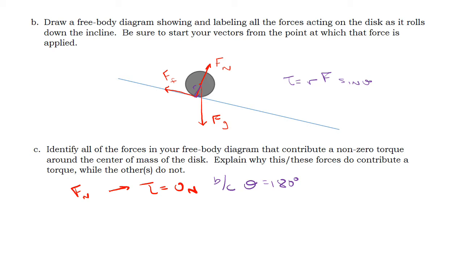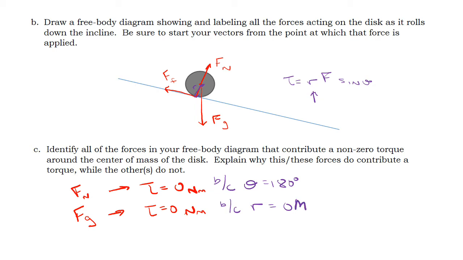The force of gravity also provides no torque. This should be Newton meters, by the way. And the reason the force of gravity provides no torque is that the force of gravity is acting right from that rotation point. And so in that case, R is equal to 0. And if R is equal to 0, we know the torque is going to be equal to 0.